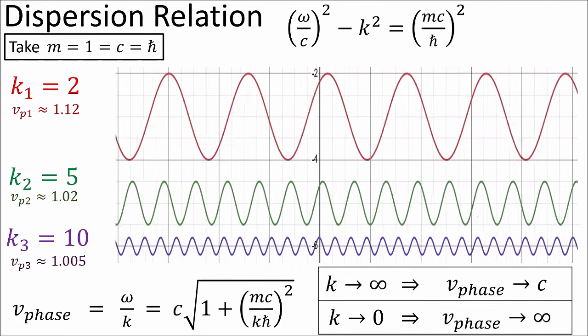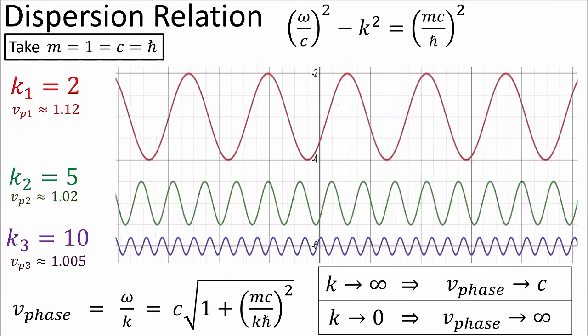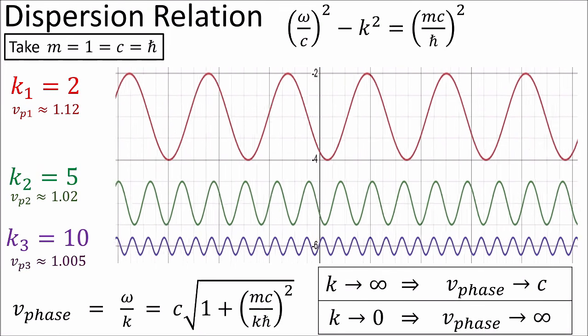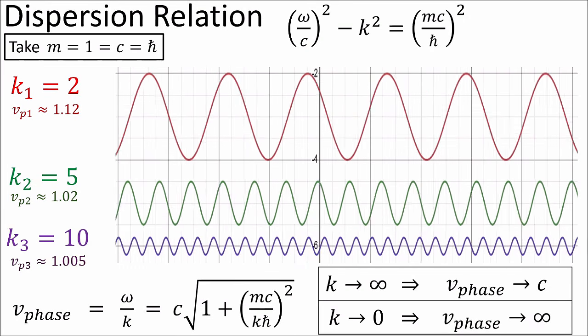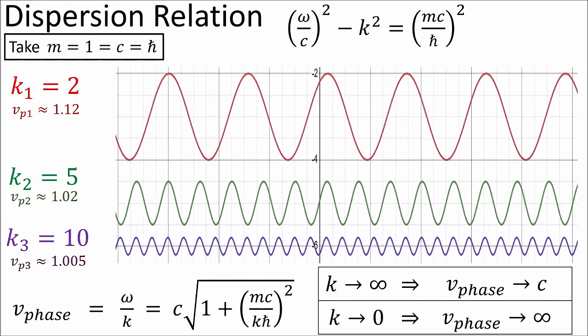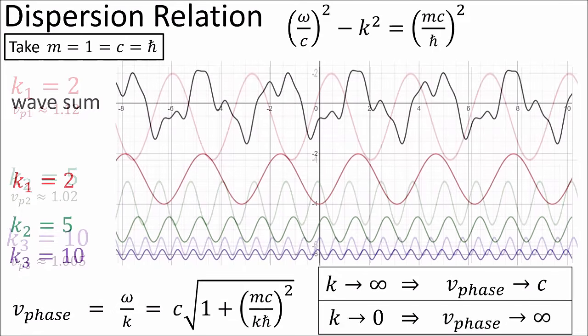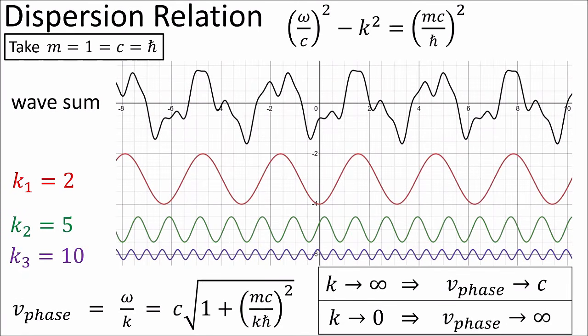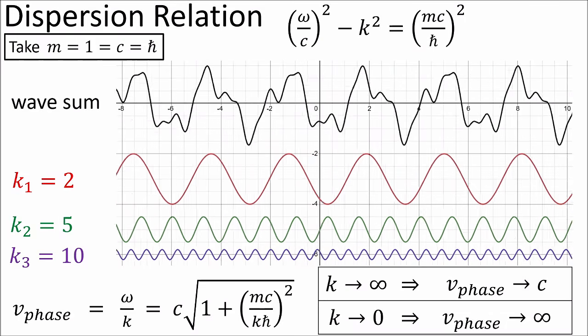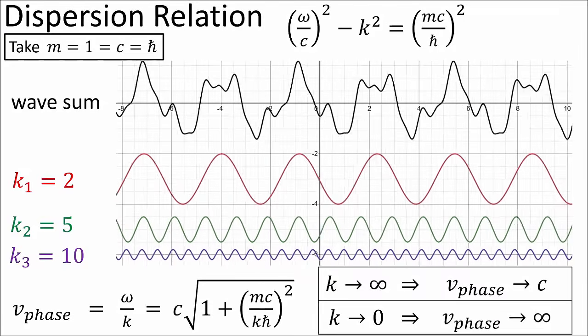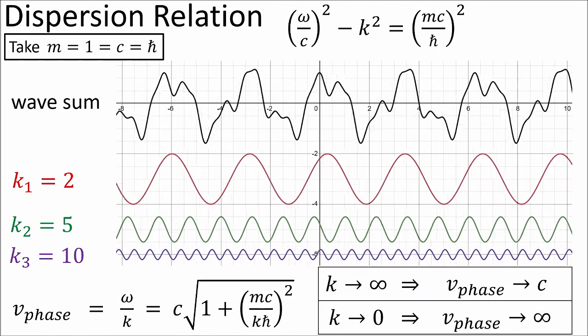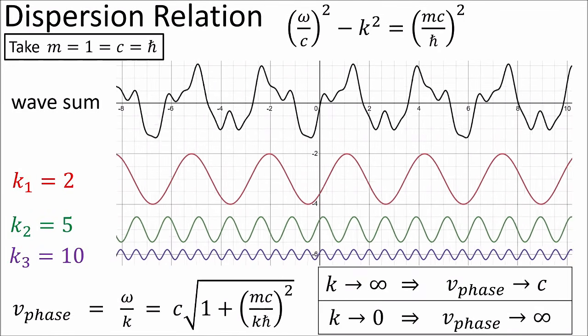But when k gets smaller and smaller, the phase velocity will get bigger and bigger. So this means that our collection of basic cosine waves will all travel at different speeds. So any envelope shape that they have when the wave starts traveling will gradually start to deform or disperse as the wave travels along. And this is why we call this the dispersion relation.